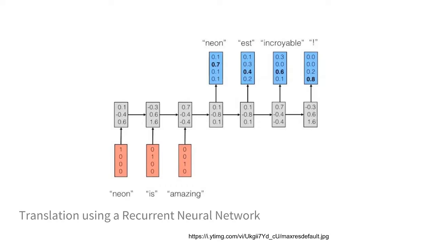And finally, there's a lot of very exciting work in recurrent neural networks. In this instance, we have the red boxes being our input data. To explain, we are mapping every word, like neon, for example, into a vector of numbers that are all binary.